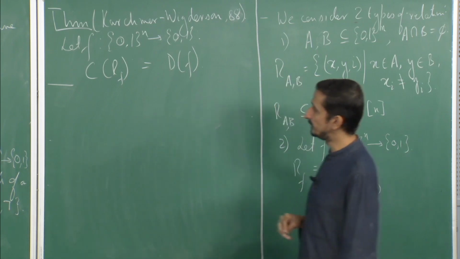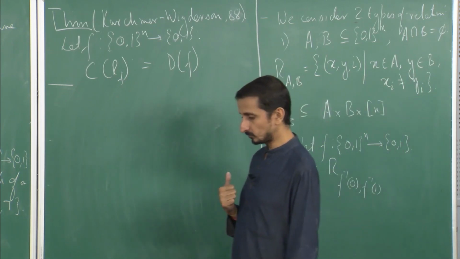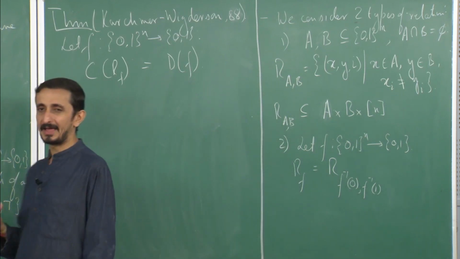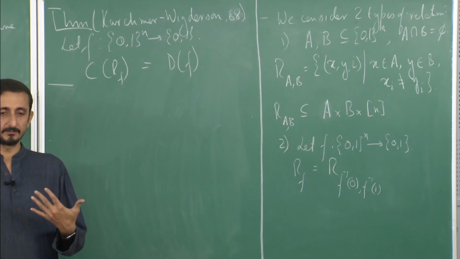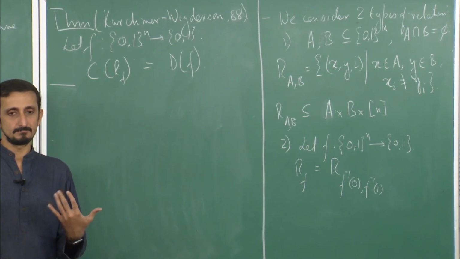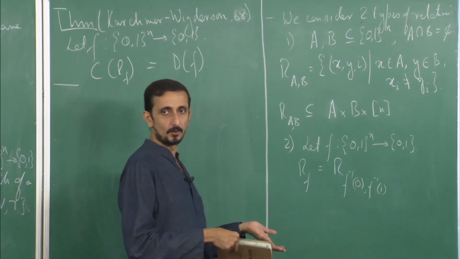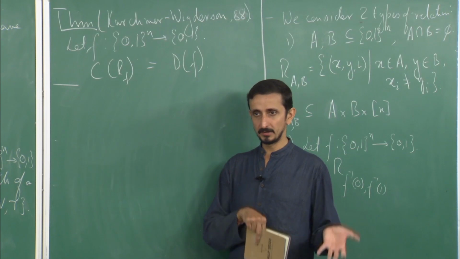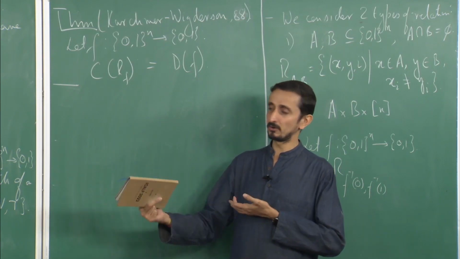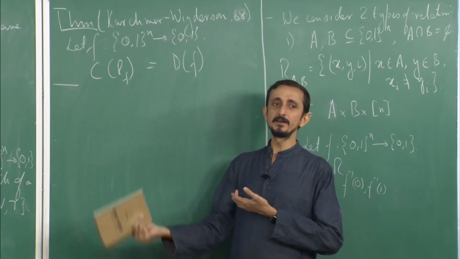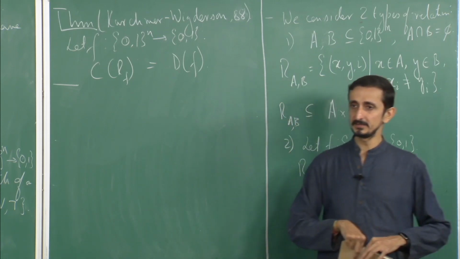So how do we prove this theorem? The proof is actually not very difficult, and as expected, it goes in two ways. First we show that given a circuit, there is a communication protocol corresponding to that circuit, where the number of bits communicated corresponds to the depth of that circuit, and the reverse: given a protocol, there is a corresponding circuit.